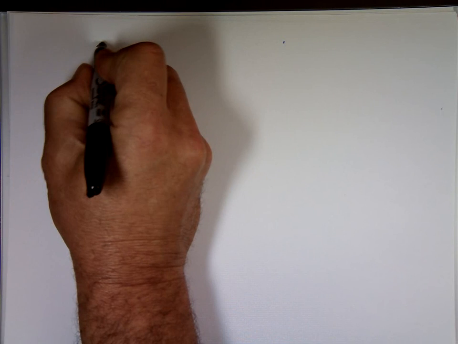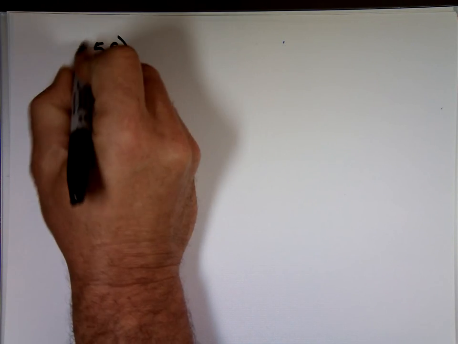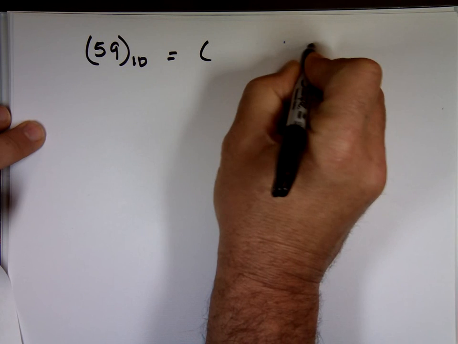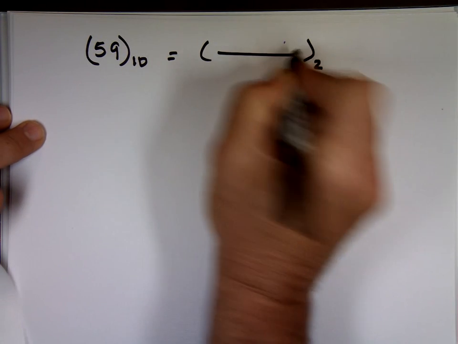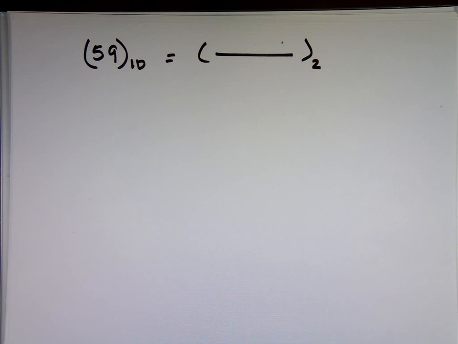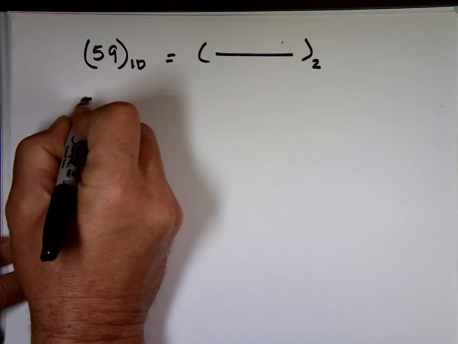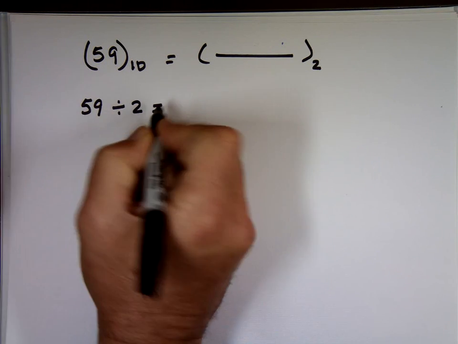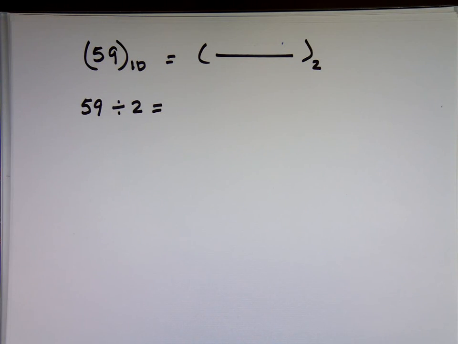But let's say this is 59, base 10, and I want to change it to base 2. What is that? And here's the process. 59 divided by 2. 59 divided by 2 is what? 29 and a half, which means what?